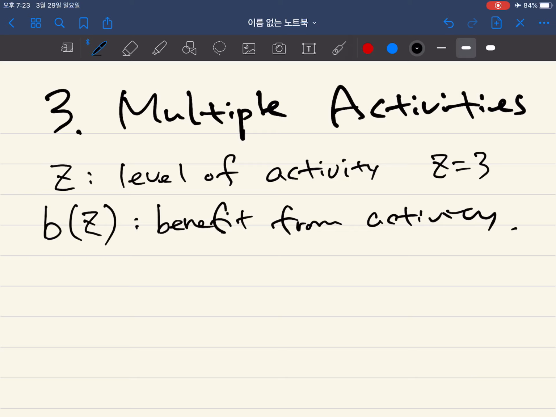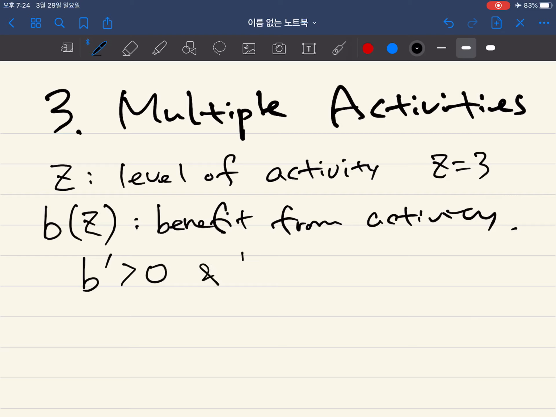So with our driving example, if injurer drives car more often, he's gonna get more benefit, for example. So Z increases, then benefit goes up. So it implies derivative is positive.